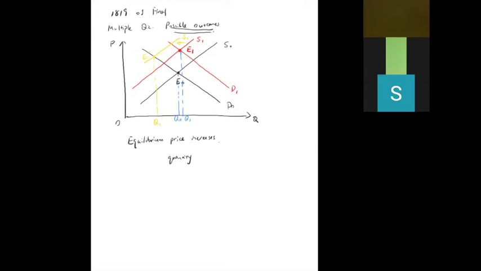So for the equilibrium quantity, it could go either way. If it's the case in red, then we know that the equilibrium quantity decreases.